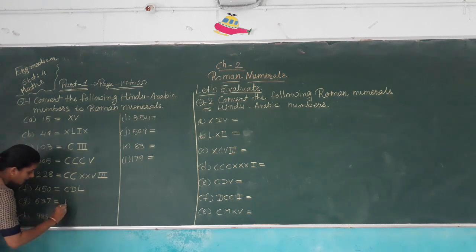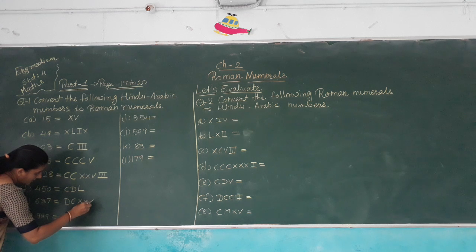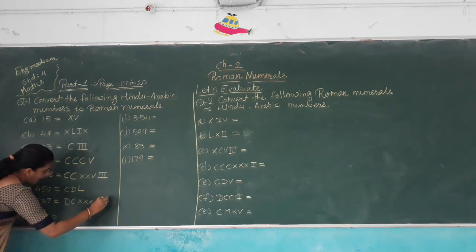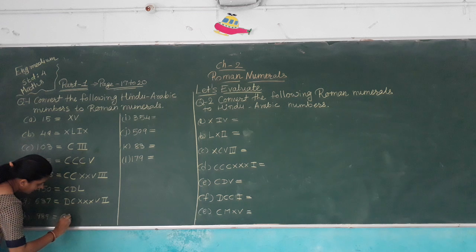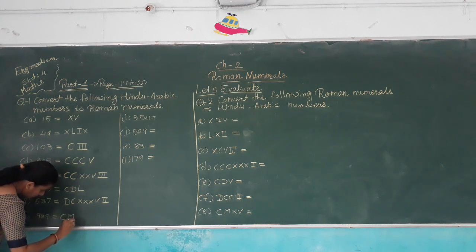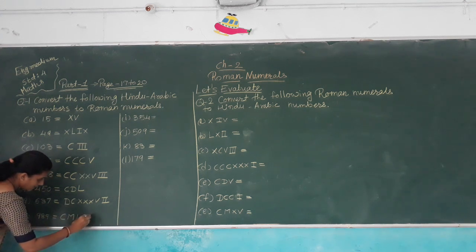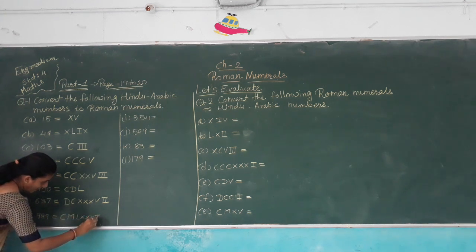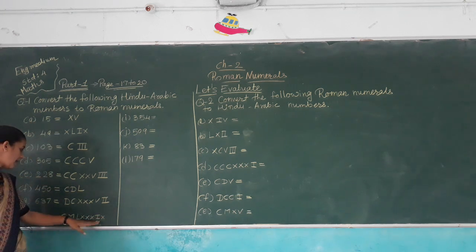637: DCXXXVII. 989: M is 1000, so 900 is CM, then LXXXIX. CMLXXXIX.